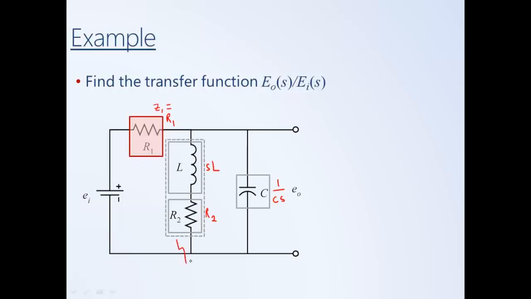And so if we recall back to how to combine resistors in series, the resistances sum. So using that same idea, the impedances sum. So the impedance of this branch with these two components in series is sL plus R2.